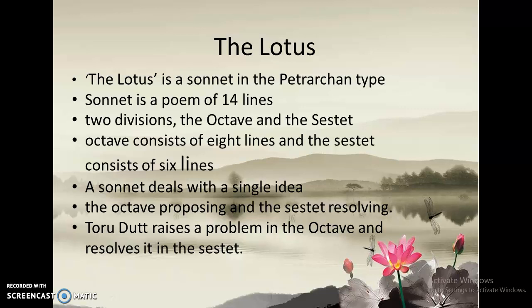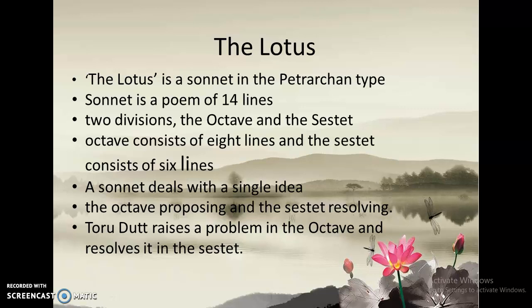In the Shakespearean and the Spenserian sonnets, the 14 lines are divided into 3 quatrains and a couplet. The rhyming scheme of the Shakespearean sonnet is ABAB, CDCD, EFEF, GG.